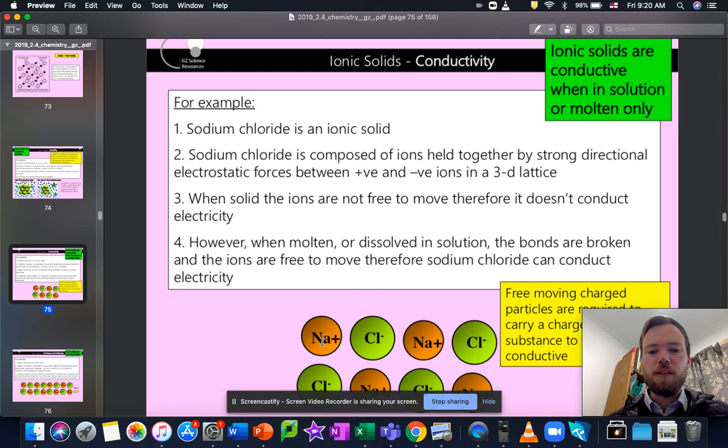In ionic solids, they are the ions. Those charged particles also need to be able to move freely. That's the second part in terms of allowing conductivity. And we'll see in the next lesson how that works with ionic solids.